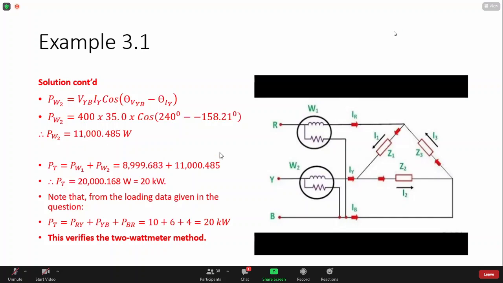We didn't have to change or put a minus before this voltage because it already matches up with the phase sequence. It's within the sequence, right? This one is VYB, and we had defined what YB was already.